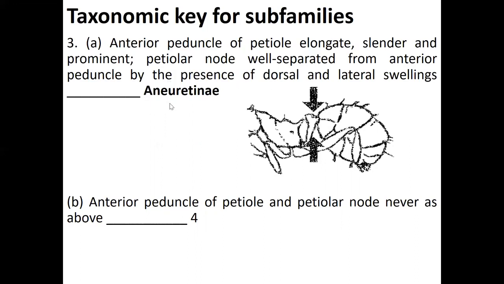It is a member of the Aenictini. As I mentioned, subfamily Aneuretinae has only one genus, Aneuretus, and we have reported this ant from forests in many districts.